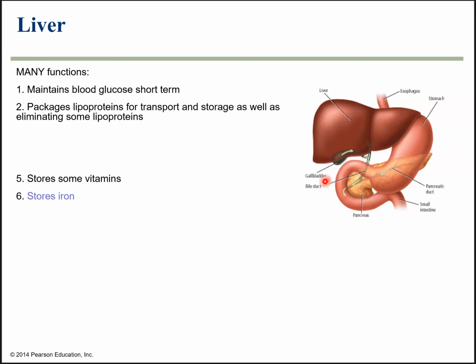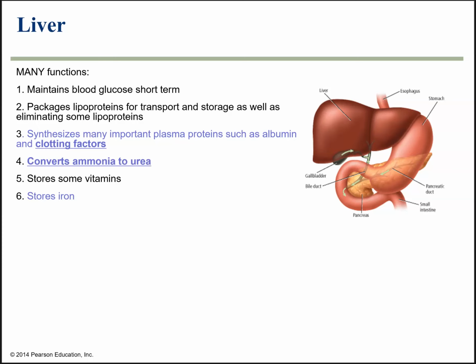Its main function is to maintain blood glucose in the short term, and it also helps in packaging lipoproteins for transporting, and also helps in fat metabolism. It synthesizes a lot of important plasma proteins like albumin and clotting factors, which are very, very important.